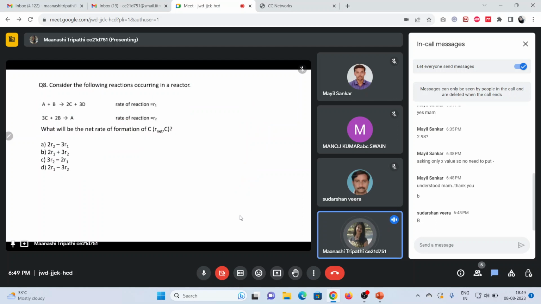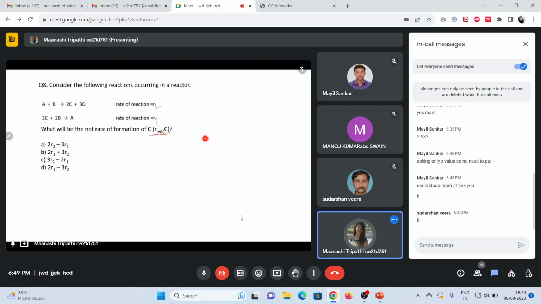Coming to the next question, consider the following reaction occurring in a reactor. A plus B gives 2C plus 3D, with rate of reaction R1, and 3C plus 2B with rate of reaction R2. This was done in class also. So what is the rate of formation of C?